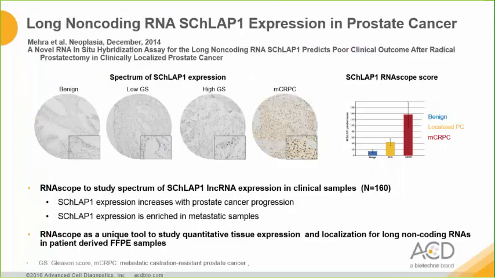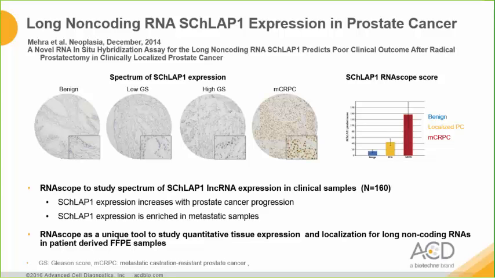RNAscope is a powerful tool for detecting and localizing RNA in cases where no antibody does or will exist, as is the case with long non-coding RNA. These are non-coding RNAs that are longer than 200 bases, some of which have been shown to regulate gene expression and have roles in tumorigenesis and other diseases.